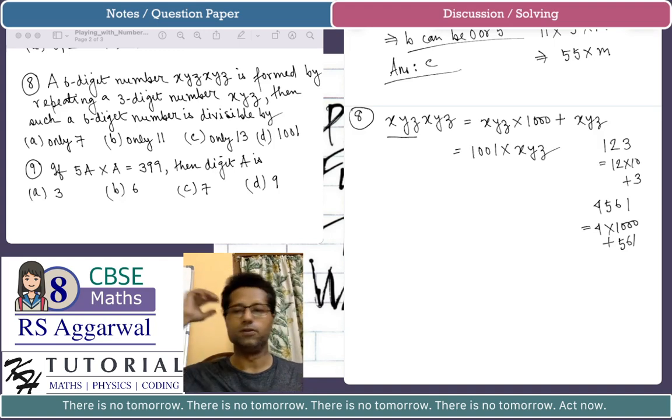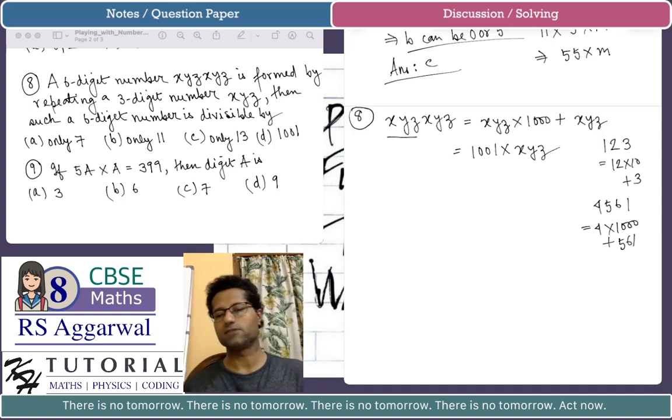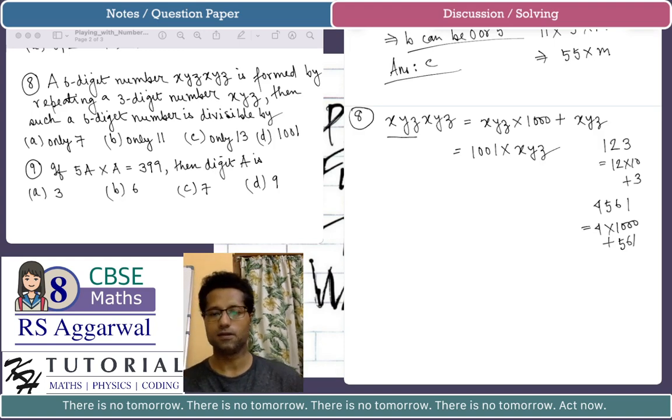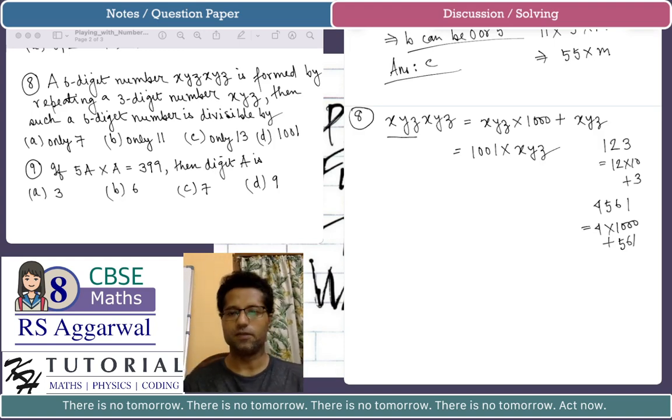Now we do not know xyz, it can be any digits. From this fact, a 6-digit number of the form xyzxyz is definitely divisible by 1001. But what will be xyz, we cannot say. We have no idea about xyz.